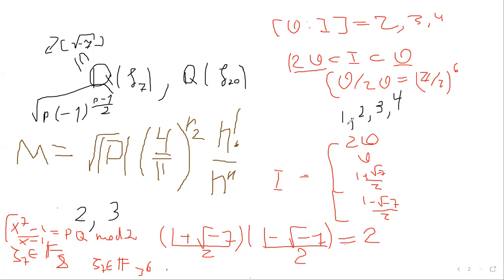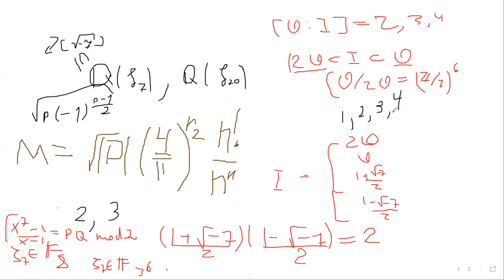So that means that since any ideal class must contain an ideal of one of these norms, for 2 it cannot happen because of this, and for 3 it can happen, but the ideal will be principal.